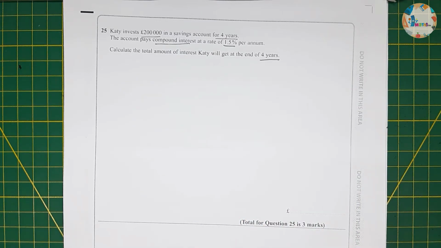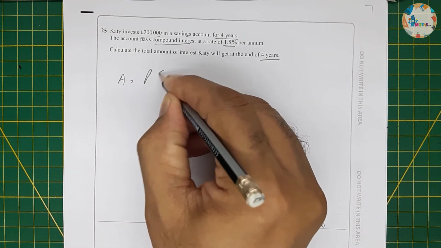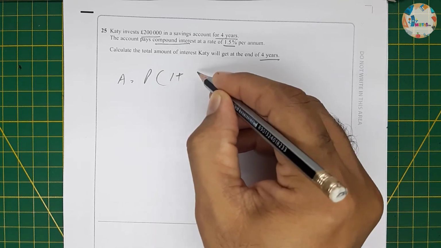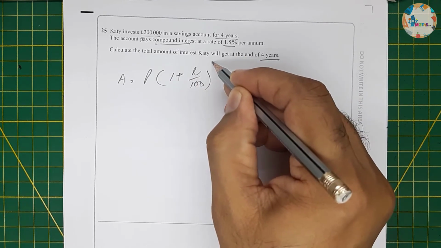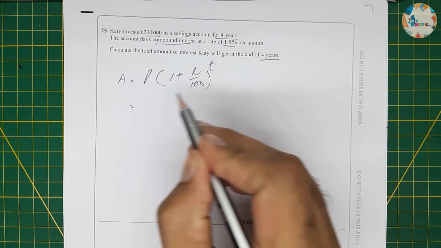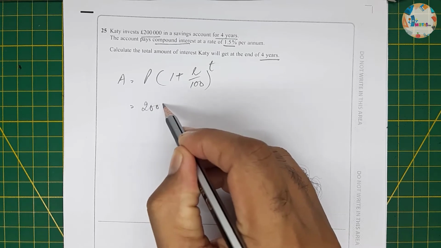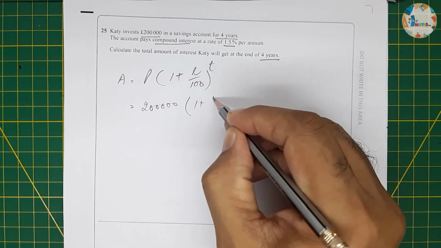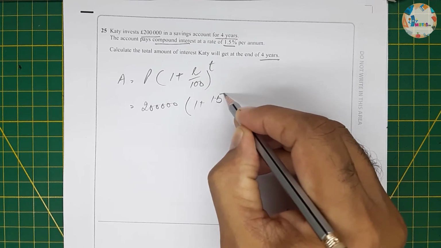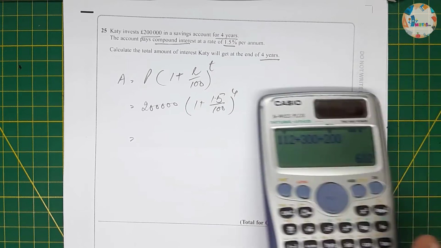So we'll be applying the compound interest formula, that is, amount will be equal to P into 1 plus R over 100 raised to the power T, which is the time duration. Principal amount is this much, and 1 plus rate is 1.5 over 100, and duration is 4 years.